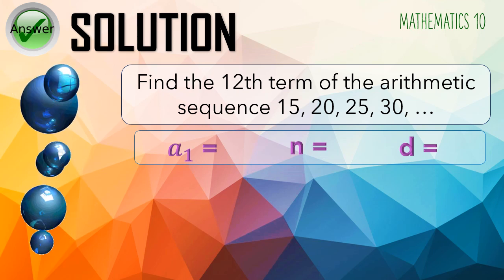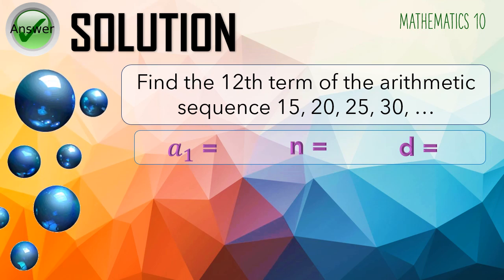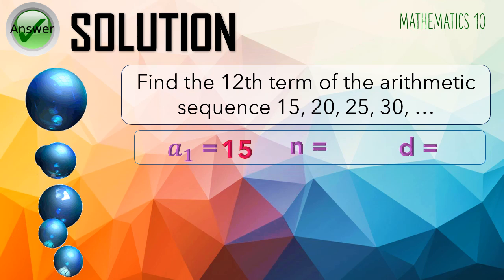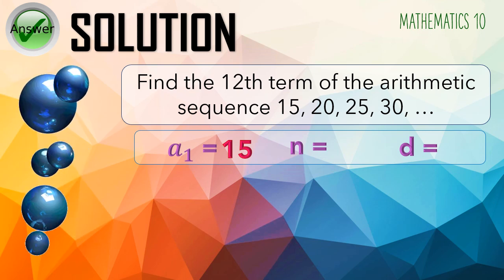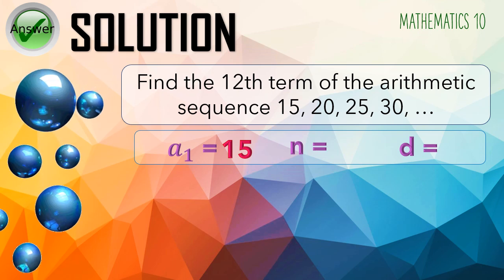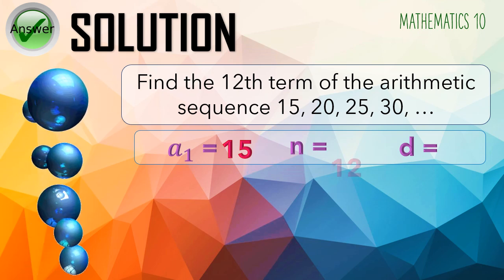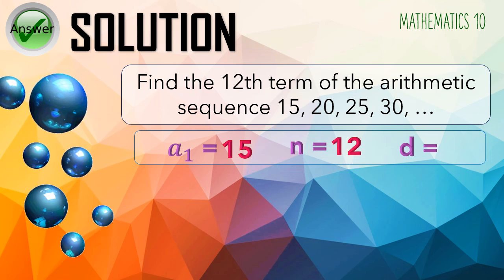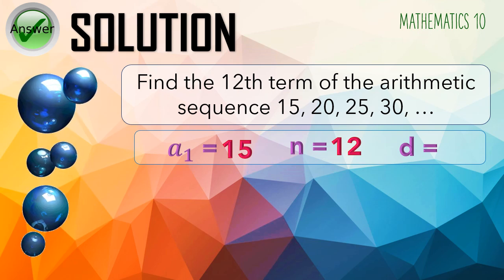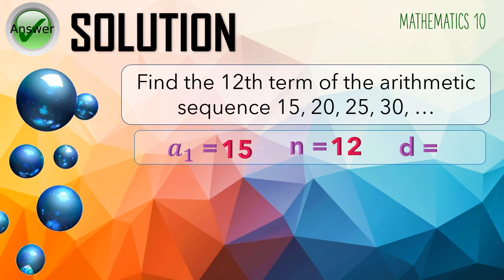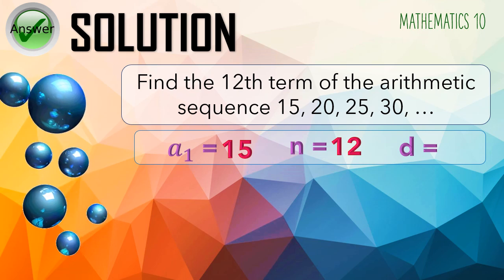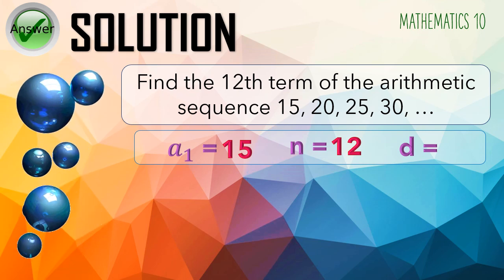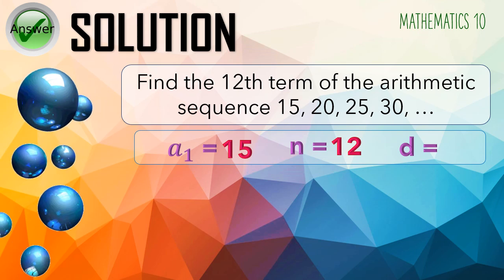So for a sub 1, based on the sequence given here, we have 15. And for our n, since you are supposed to find out the 12th term, then your n is 12. And lastly, for the d, the common difference, you just subtract second term by first term, third term by second term, fourth term by third term, and so on.